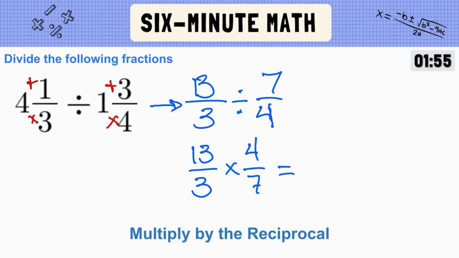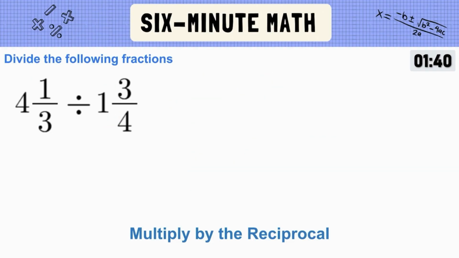Then I just multiply the tops, multiply the bottoms. 13 times 4 is 52. And 3 times 7 is 21. I do a quick scan and see that this cannot be simplified. Therefore, it is my final answer.